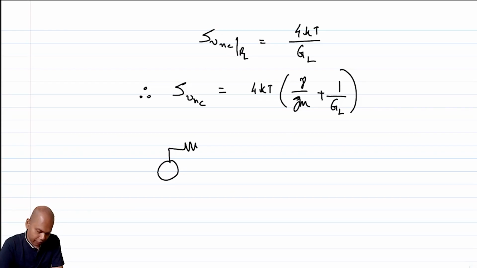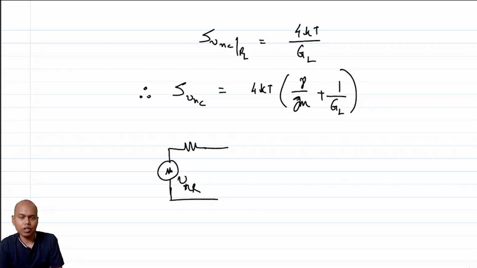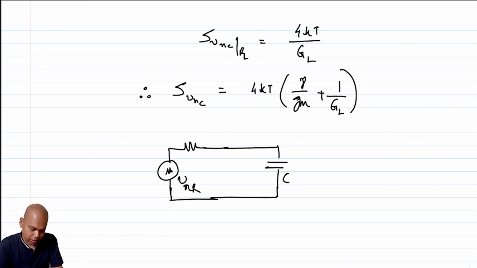Let's assume this is the noise source which models the voltage noise from the resistor, and Vn and In are not necessary anymore, because I am using superposition. I am only taking into account the noise contribution of the resistor, because the other contributions we have already found. So essentially, I get this, with C.